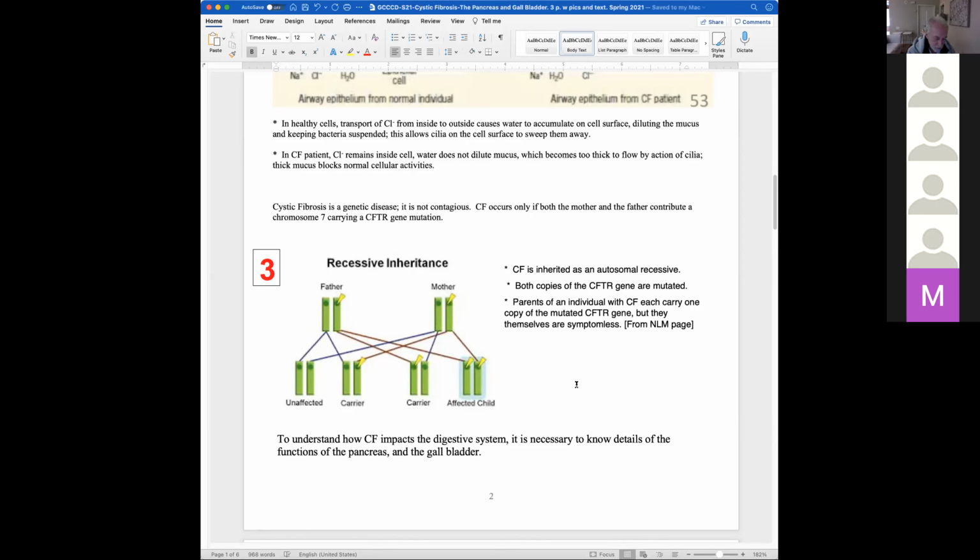If you and your partner had genetic testing and you find that you both have a mutation, then there's a 25% chance that any one of your children would have cystic fibrosis. If, on the other hand, you do genetic testing and find out that one of you does not have a mutation at all, then none of your children would have cystic fibrosis. Okay, thank you.